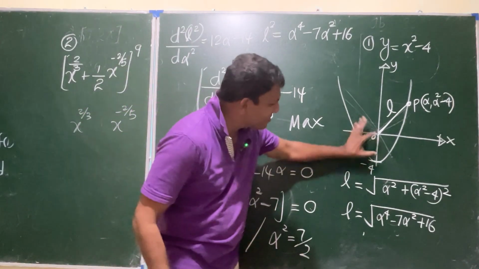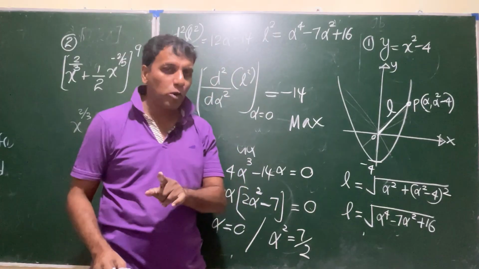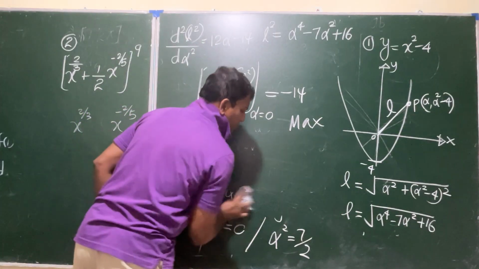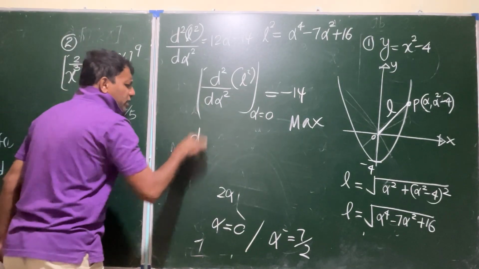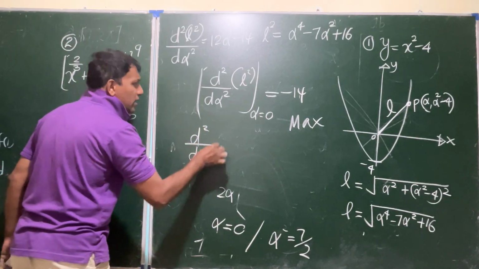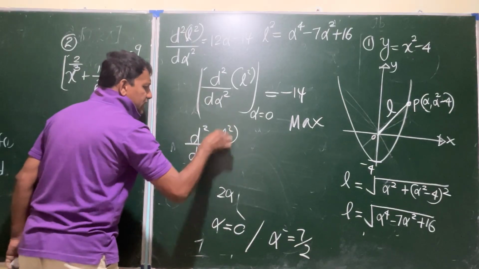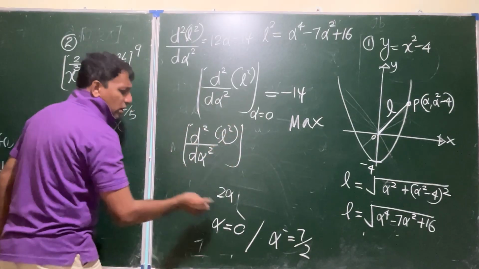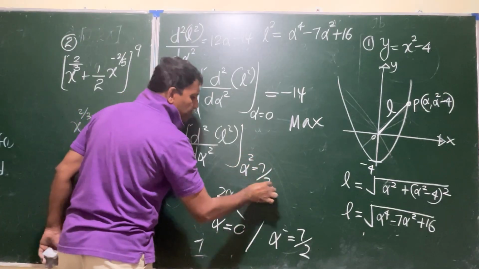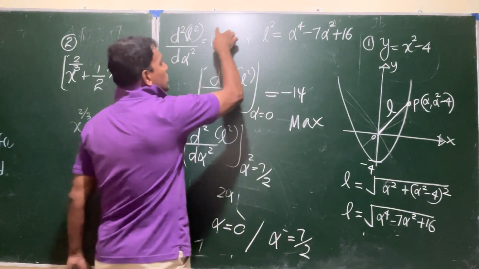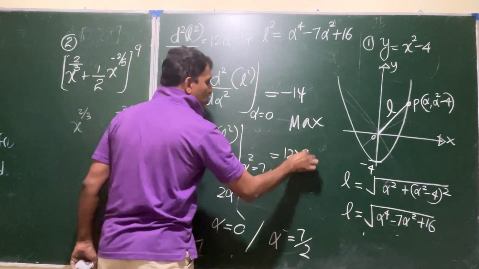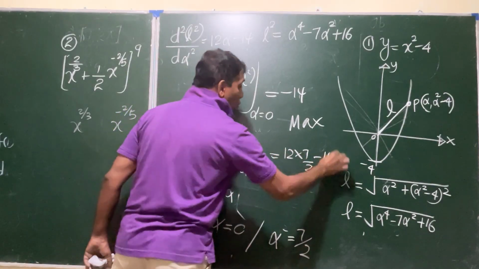Maybe this one. The problem is about the minimum, right? Maybe check the next one. Therefore, for the second differentiation d square over d alpha square with alpha square equal to 7 over 2, what is the answer? 12 into 7 over 2 minus 14.